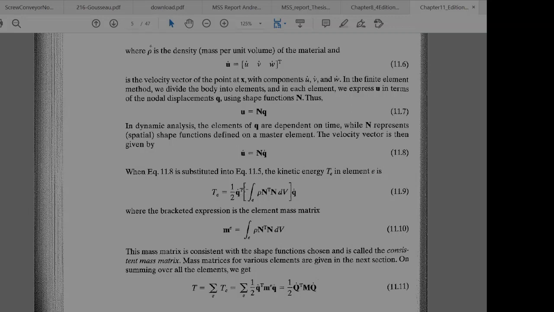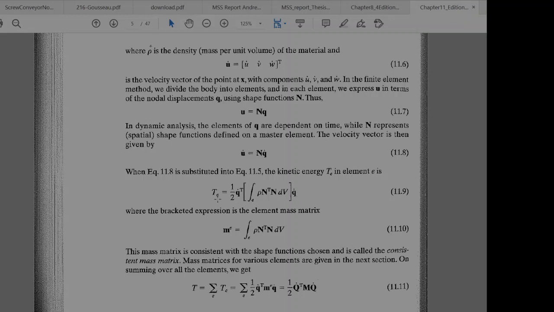They are constants. They are not something spatially that's been integrated about. All the spatial stuff is in here, so the rho N transpose N dV. This term here becomes my element mass matrix. So this kinetic energy becomes half q dot transpose M q dot. That's essentially my half mv squared.